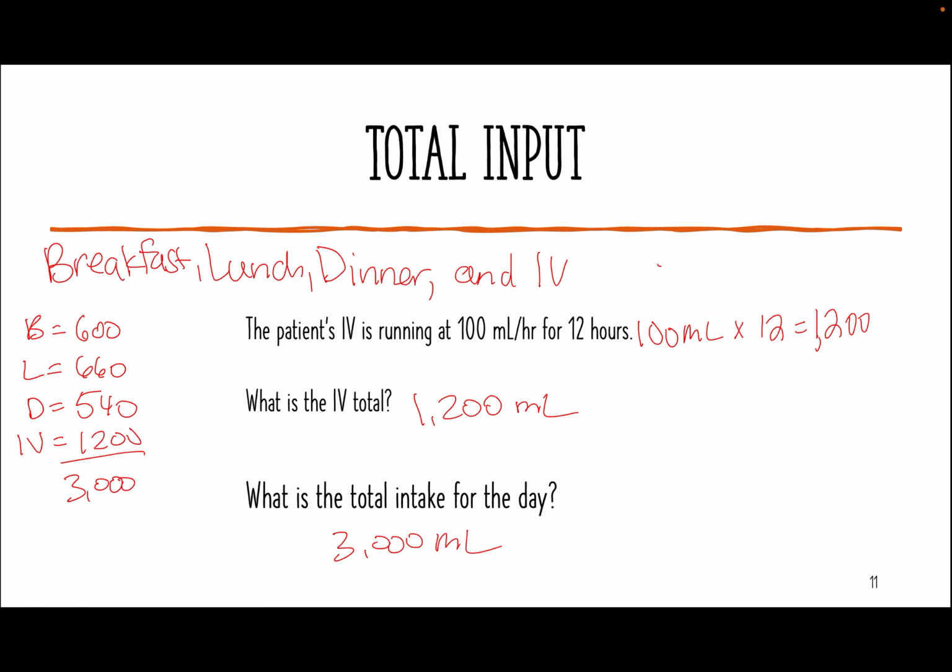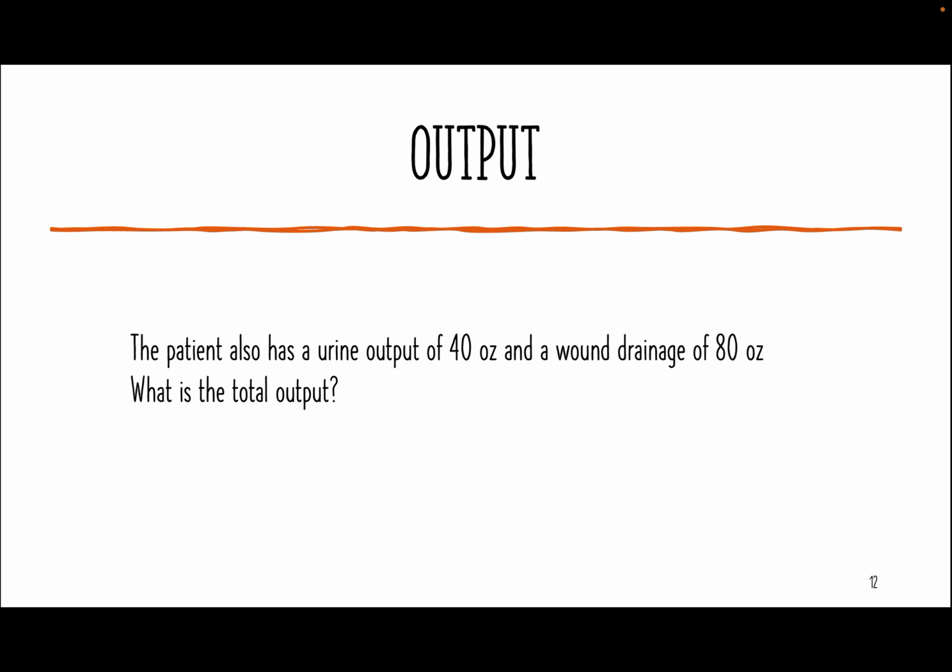All right. The next thing. Now for the output. And yes, these are all separate questions. For the output, the patient also has a urine output of 40 ounces and a wound drainage of 80 ounces. What is the total output? Remember, output is anything like urine, wound drainage, vomit, diarrhea. So these two things here can be counted for their output.